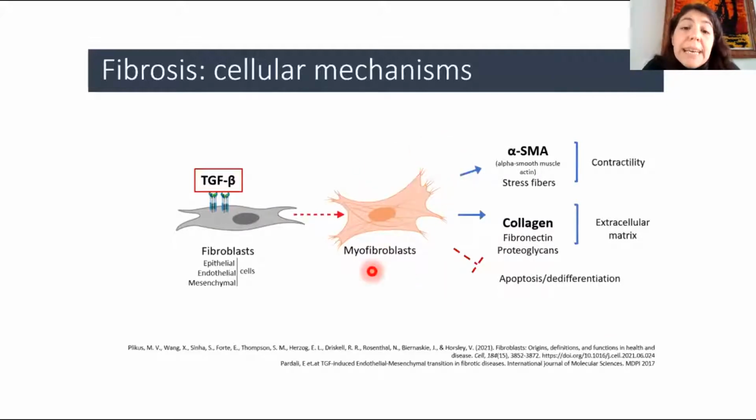Myofibroblasts are defined as cells that are capable of contracting due to stress fibers that are composed of alpha smooth muscle actin, and also are capable of synthesizing extracellular matrix, mainly collagen. This is why you'll see in my following slides that we use alpha-smooth collagen as our reader.